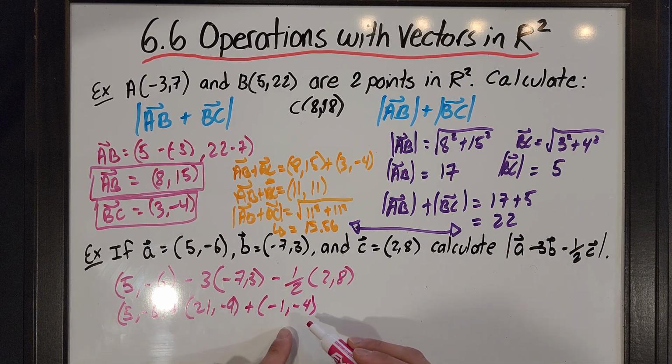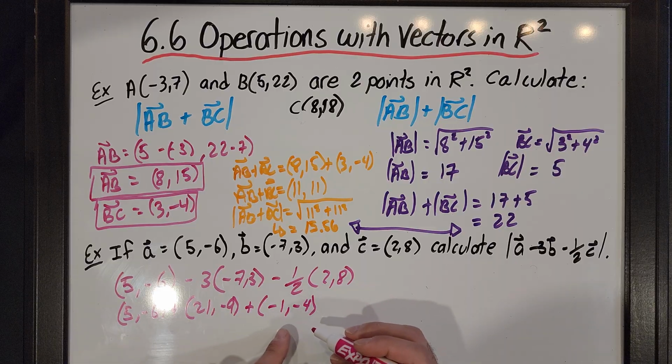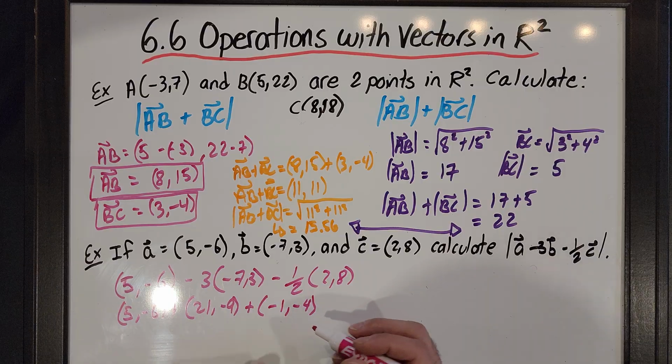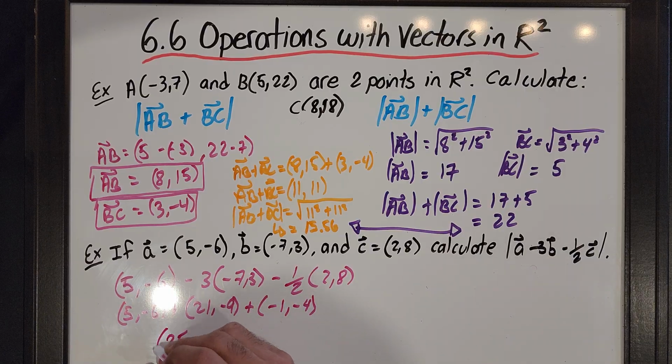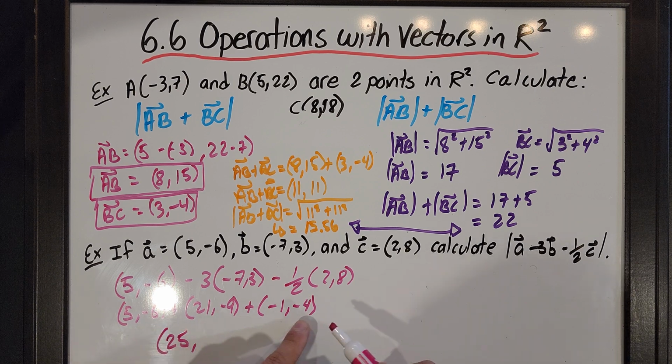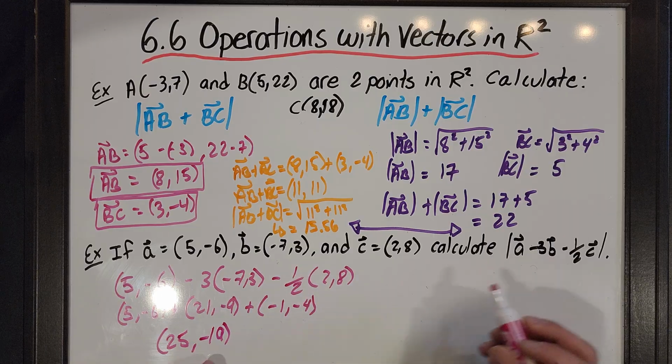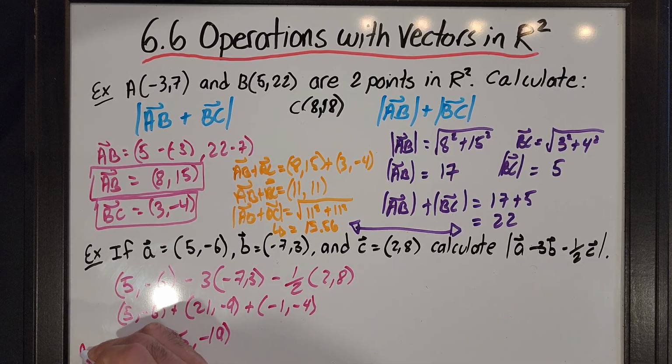And now I got rid of my scales. And now I'm just doing vector addition. I can separate them into components, and I can say 5 plus 21 minus 1 is 25. And I can say negative 6 minus 9 is negative 15, negative 19. Now, this is just a minus 3b minus half c.